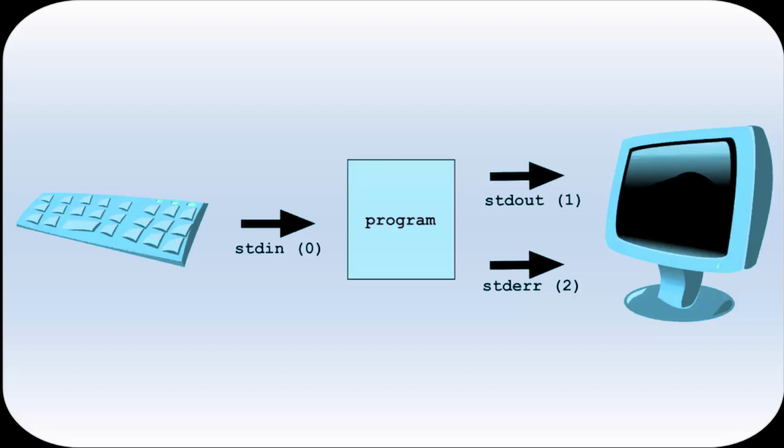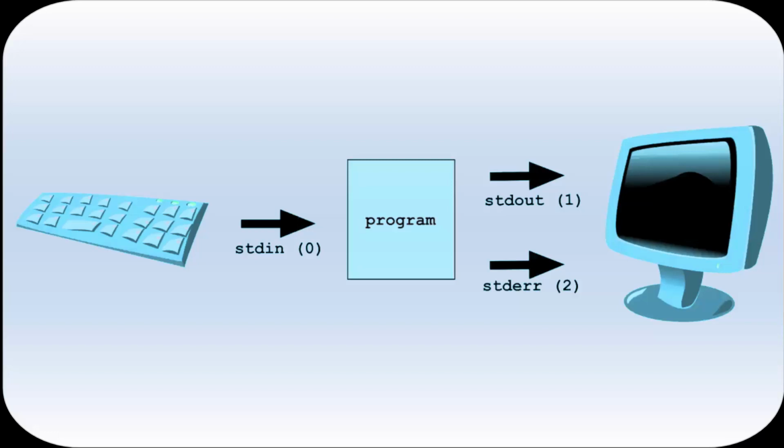Again, not always the case. So here you have standard in, standard out, and standard error. I just gave you the defaults: by default, input comes from a keyboard, output goes to a monitor, and your error messages go to a monitor.